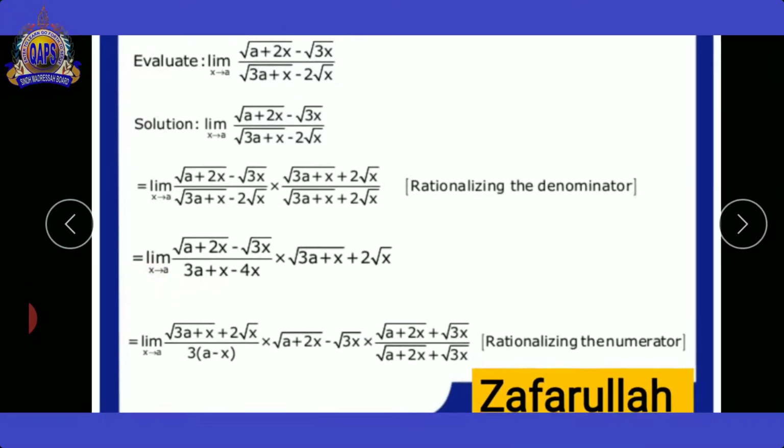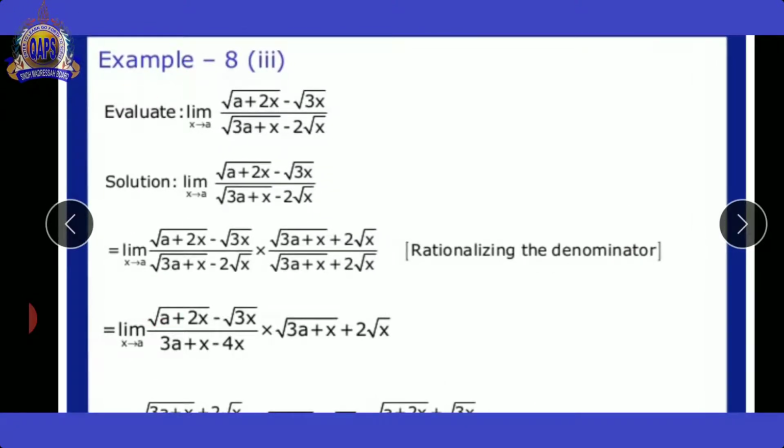Now in example number 8, part number 3, the same rationalization of functions. Limit x tends to a of radical a plus 2x minus radical 3x, over radical 3a plus x minus 2 radical x.